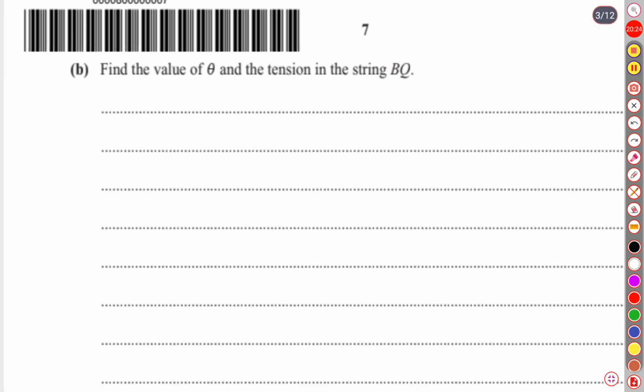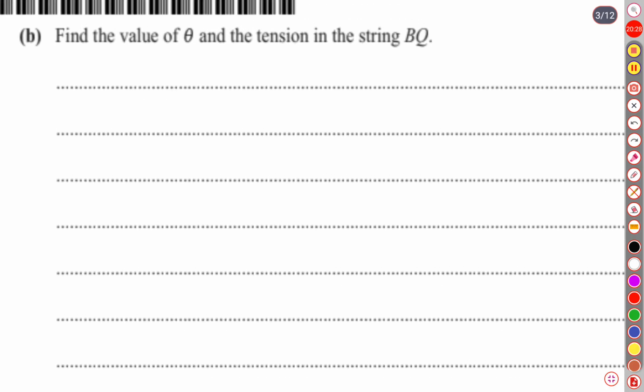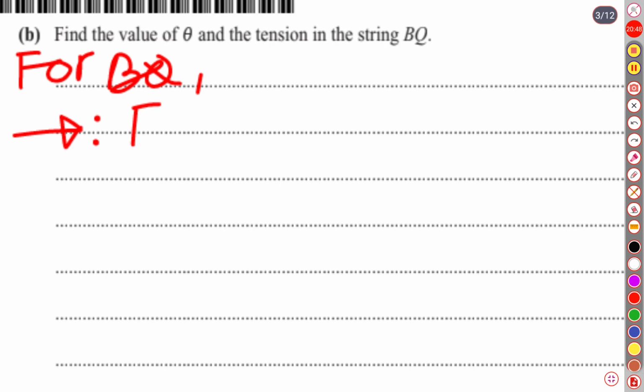So we are going to apply this to the second string, or third string, whatever, BQ. The same concept we are going to apply for finding the tension in BQ also, and we will resolve the forces horizontally. The concept must be the same. Driving force minus resistance force is equal to MA.